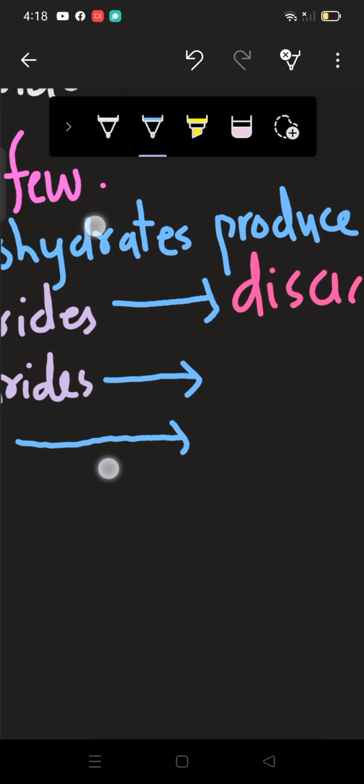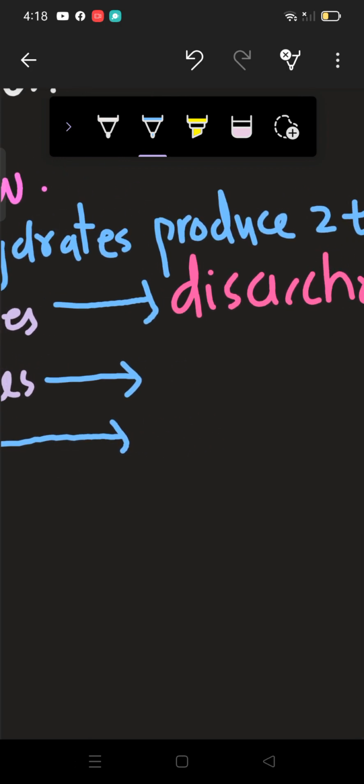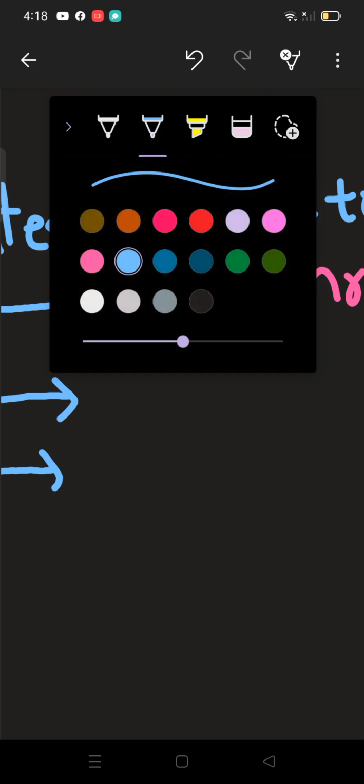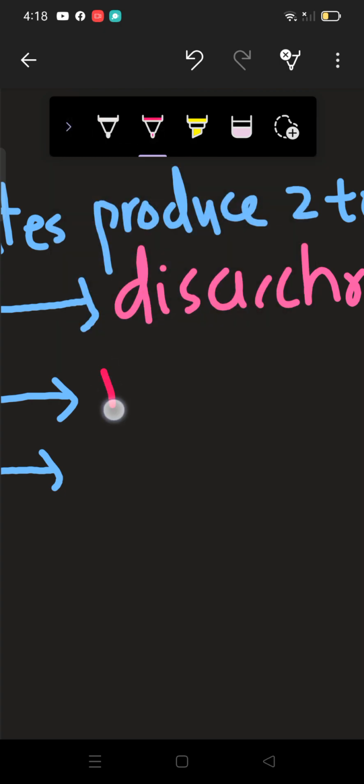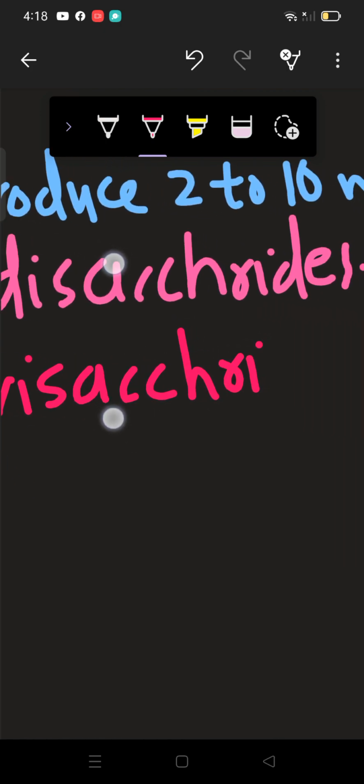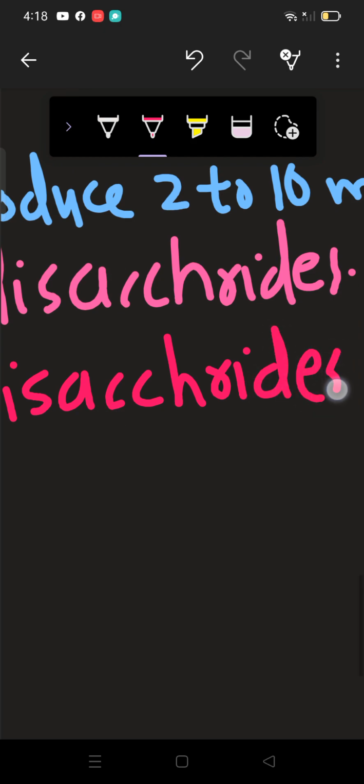If the oligosaccharide is made up of 3 monosaccharides, that would be known as trisaccharides.